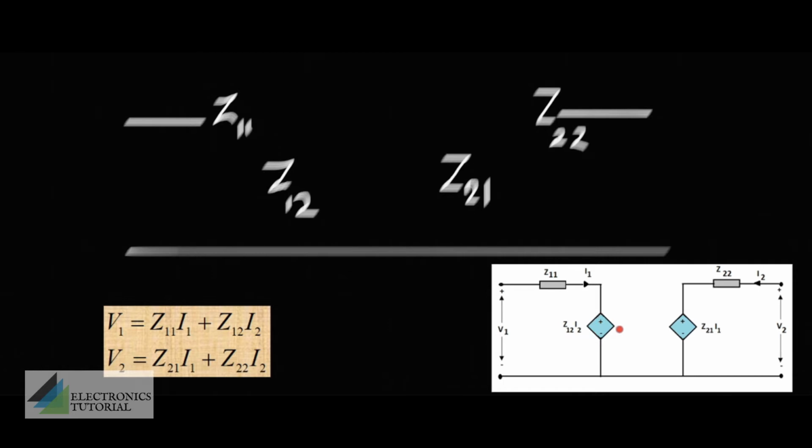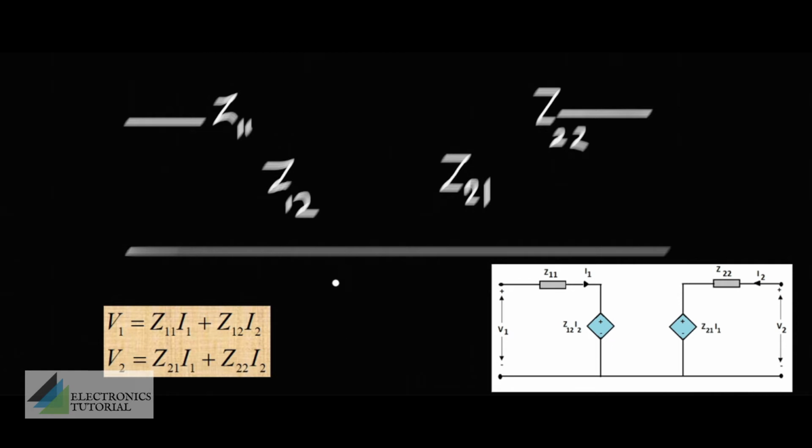It is having a rhombus shape just because it acts as a dependent source. It means this will act as a dependent source just because of the reason that the input voltage source is depending upon the value I2, that is the current in the second port. So as it is depending on some other value, it will be a dependent source.